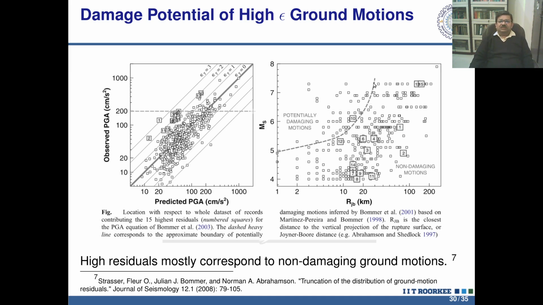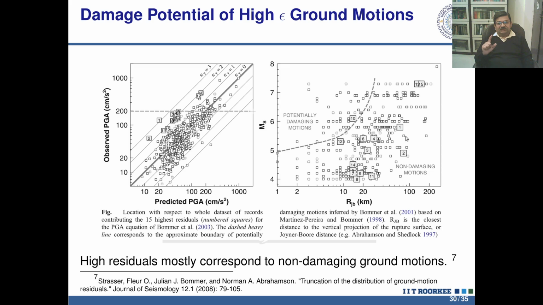So what they found, in this plot on the right side, is that the dotted line separates the non-damaging motions from potentially damaging motions. And all these high residual data points fall in this non-damaging region.